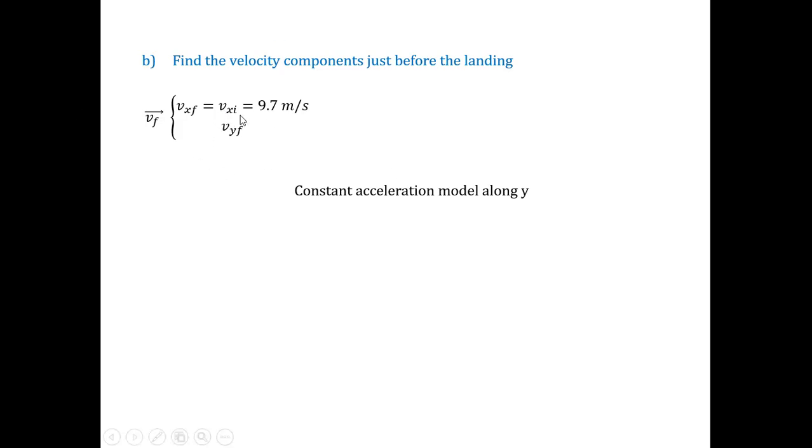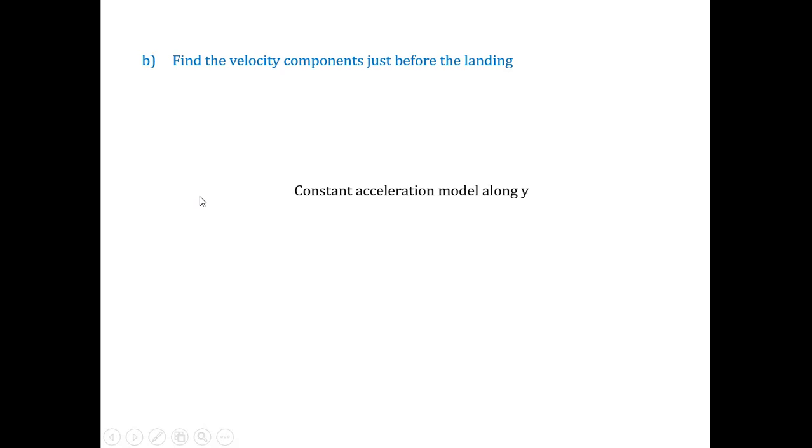How to find VYF? First think how to find VYF. VYF is on the y-axis. We have something special at the y-axis: a constant acceleration model along y. So I need to use one of the four equations corresponding to the constant acceleration model to find VYF. I used this equation because the only unknown in it is VYF: VYI is there, AY is there, and tf we found, so we can deduce VYF.